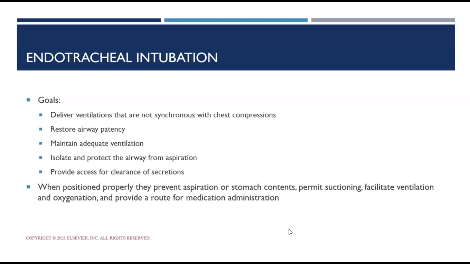I do not want to stop compressions to intubate the patient, but I also need to make sure there's adequate ventilation. So using those pharyngeal airways to make sure I'm ventilating properly, so that I'm not stopping compressions to intubate, is the thing you should be thinking about.